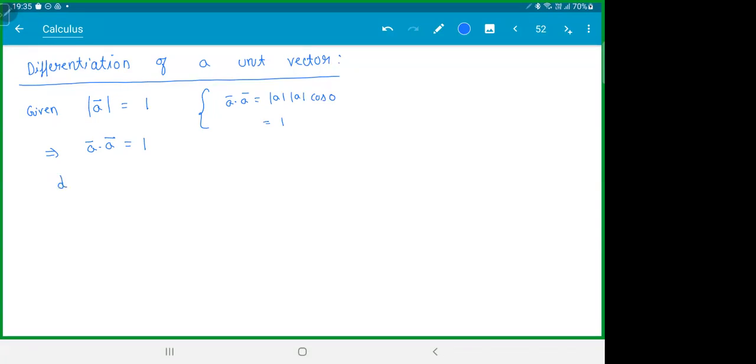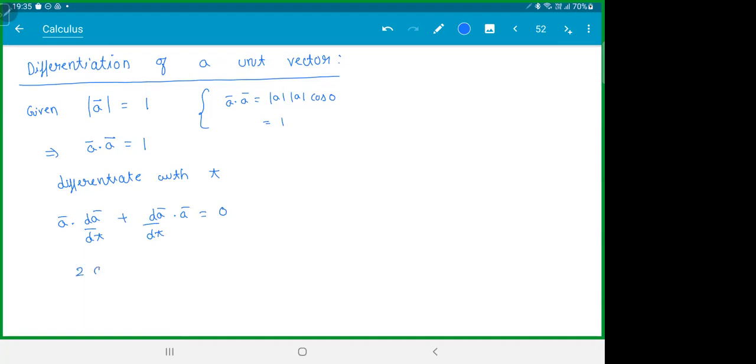Now differentiate this, with t or something, doesn't matter. Let's say with time. Now remember there are two quantities here, A bar dot A bar, so we have to use the product rule. So A bar dot dA by dt plus dA by dt dot A bar. On the RHS it is 0 because it is a constant.